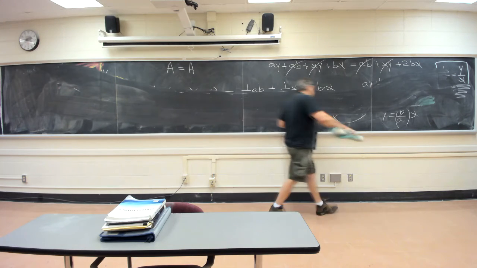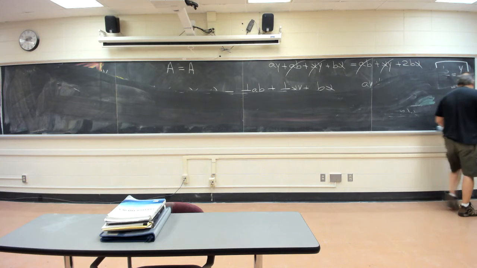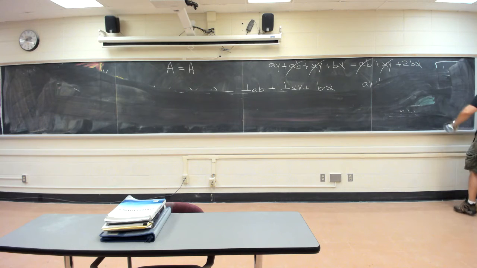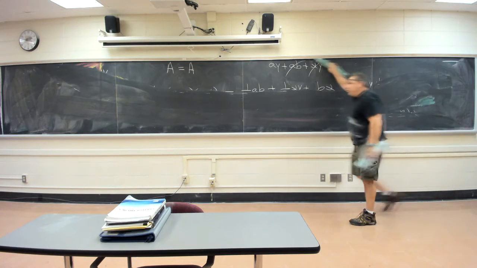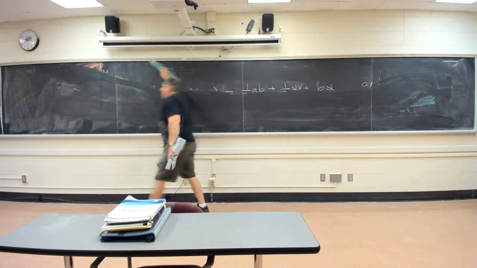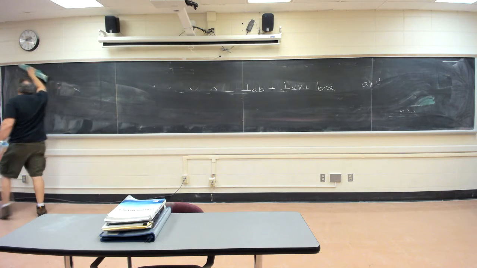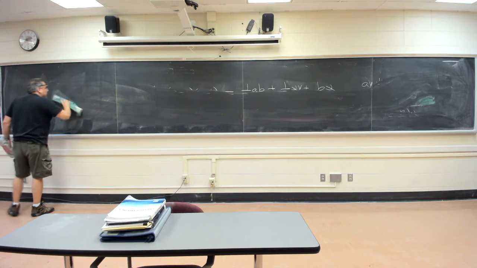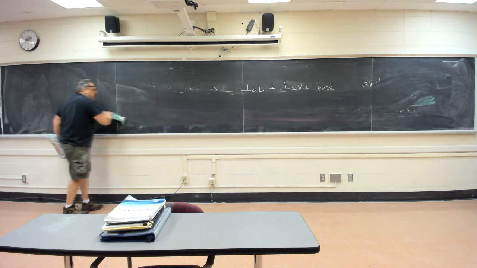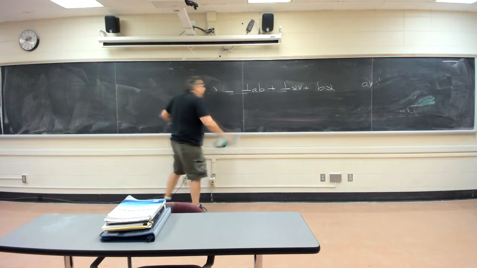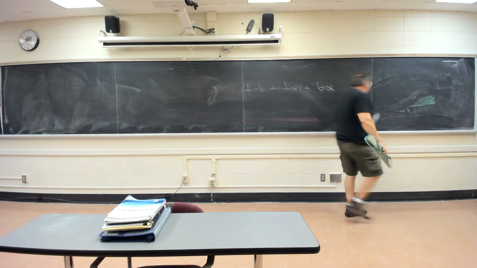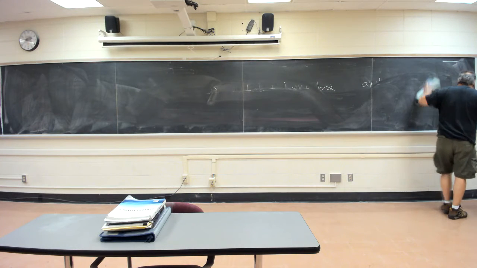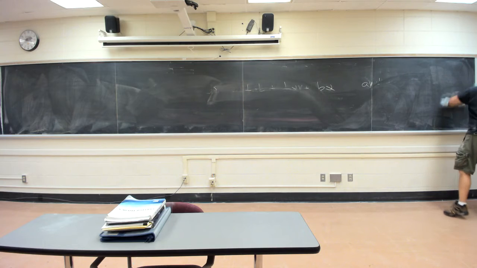I saw what I bet is a very famous proof of the Pythagorean Theorem. There are many proofs of it, apparently. I'm going to give you two of those proofs. This one I saw in a book some time ago. Excellent proof. We'll take a look at it.